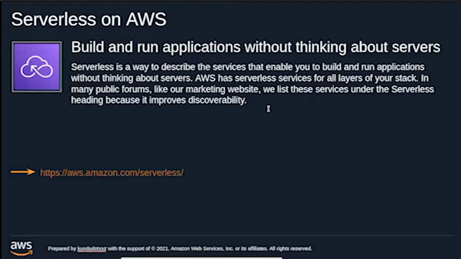It shouldn't be dependent on one service to another. Design your solutions that way to improve your visibility and availability throughout the web. You can learn more about it at aws.amazon.com/serverless, and it is quite resourceful.